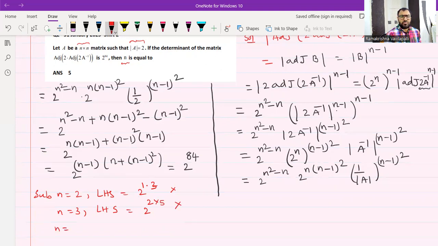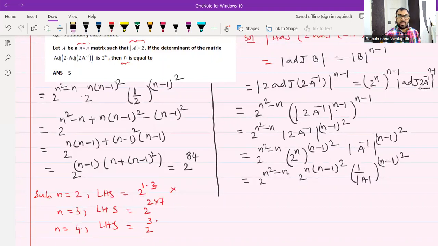For n equal to 4, LHS equals 2 to the power of 3 into 4, right? And just a minute, this is 3, 2 squared is 4, and 4 plus 3 is 7. So this value is 7.